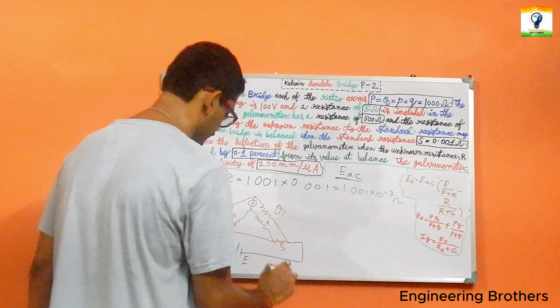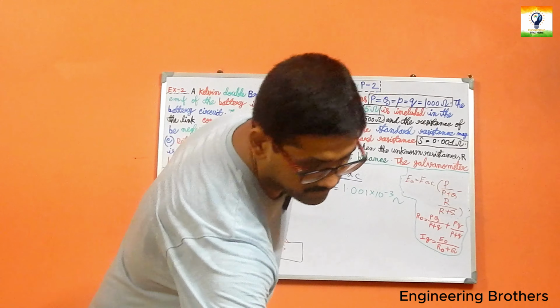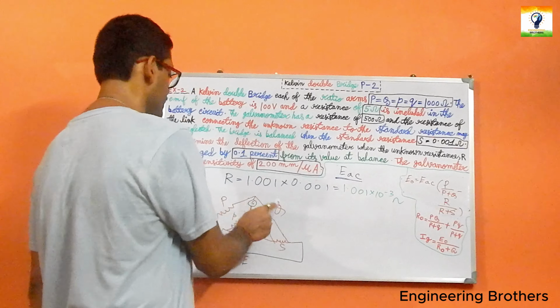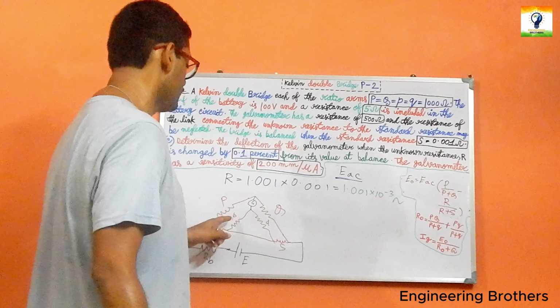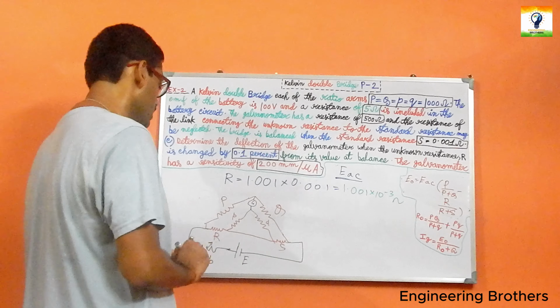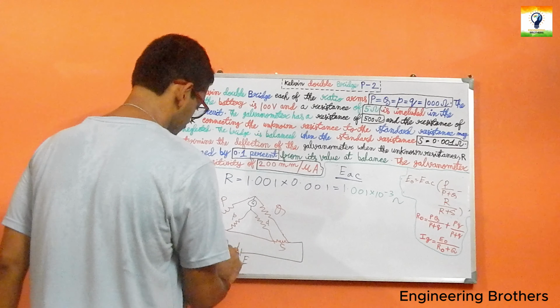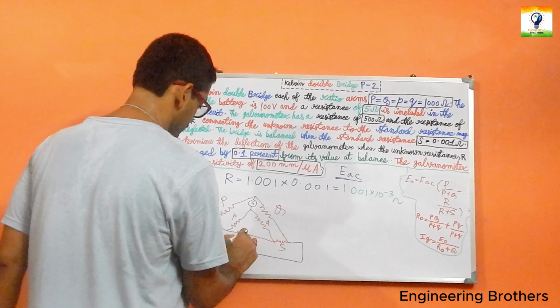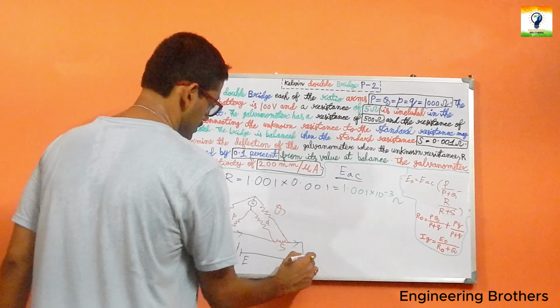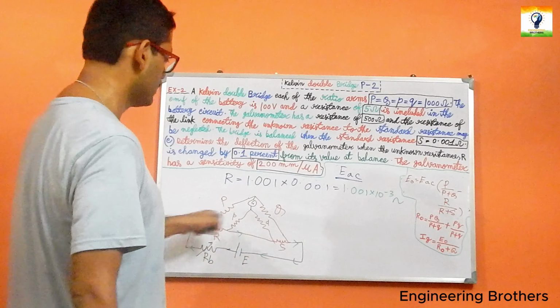So this is our E. In this present problem, as the values of bigger P, bigger Q, small p, small q have the same value of 1000 ohm, all the current will be flowing in this given path. I have already told you about that. So the current is following only this path.